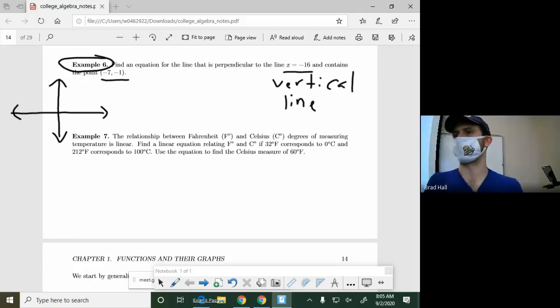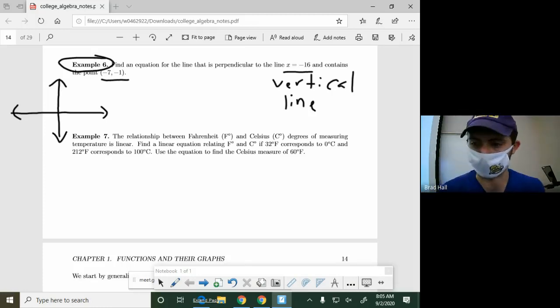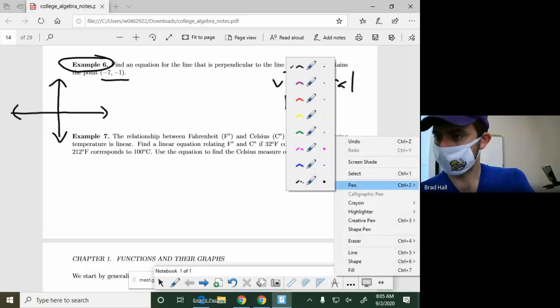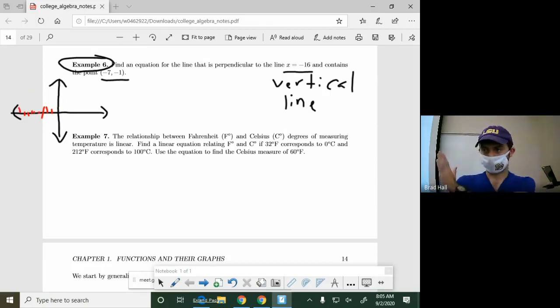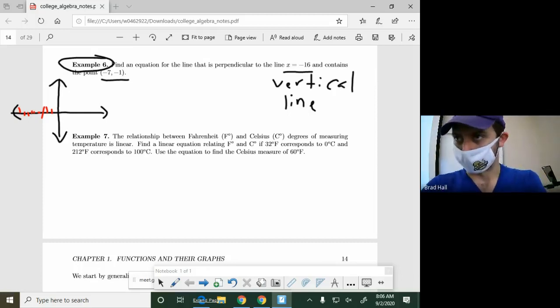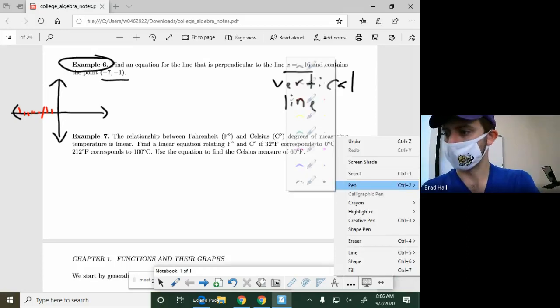But of course, it's not just any vertical line that I can draw anywhere. It has to happen at x is equal to -16. So -16, 1, 2, 3, and I just keep going all the way to the left, -16 times. I'm not going to draw out 16 tick markers, but I think you get the point.